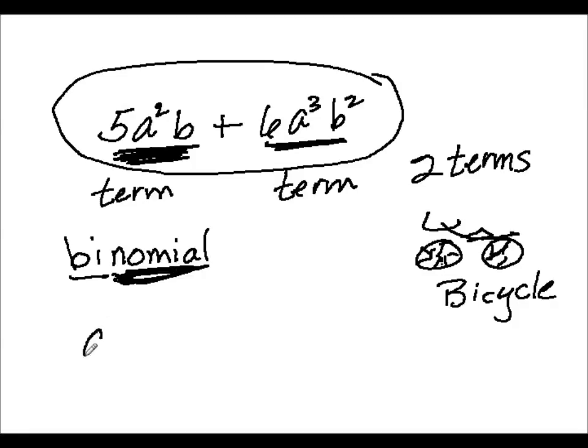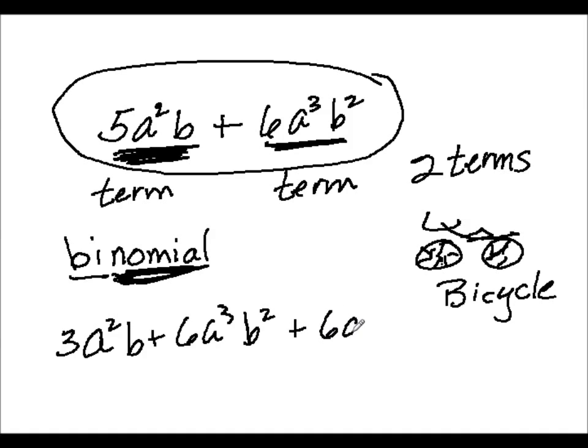If I said 3 of a squared b, plus 6a cubed b squared plus 6a, there would be 3 terms, and guess what that's called? Not a bi, but a little boy next door to me has a tricycle.